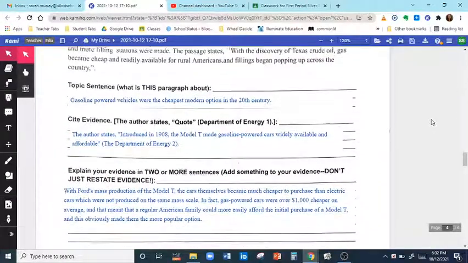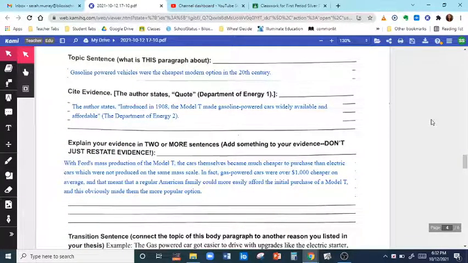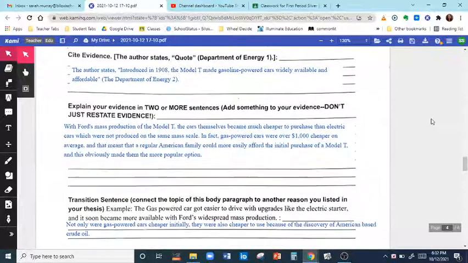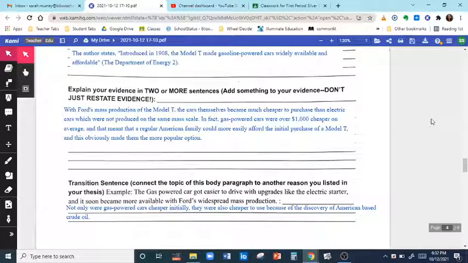So we're going to read this all together and make sure it makes sense. Gasoline-powered vehicles were the cheapest modern option in the 20th century. The author states, introduced in 1908, the Model T made gasoline-powered cars widely available and affordable. The Department of Energy 2. With Ford's mass production of the Model T, the cars themselves became much cheaper to purchase than electric cars, which were not produced on the same mass scale.